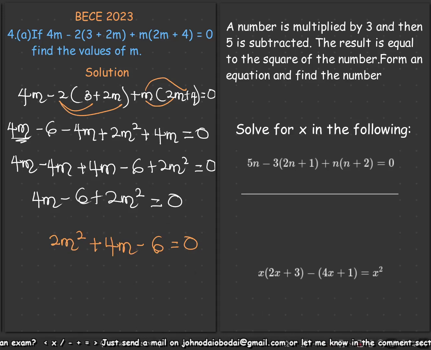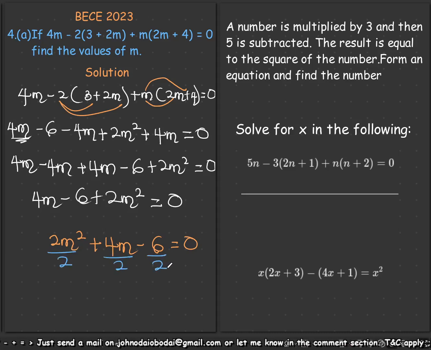But we can choose to simplify. What do I mean by simplify? If you look at it carefully, 2 can cancel out every term over here. So our first step is to divide each and every term by 2. You can solve it straightforward, but doing this reduces the values, and then you can easily get your factors.